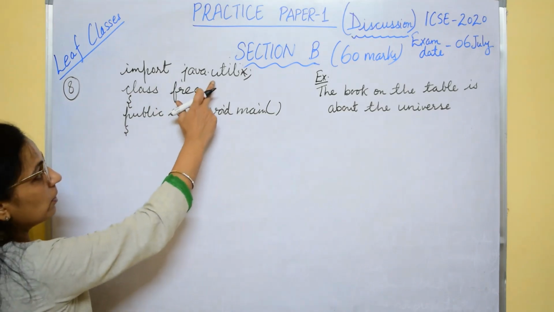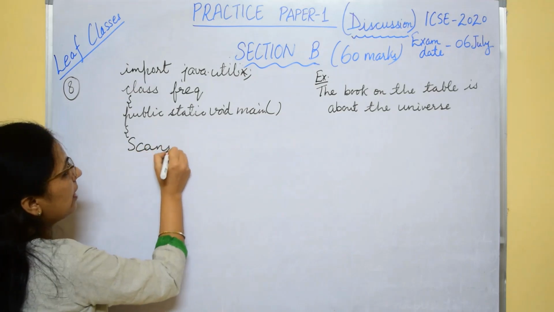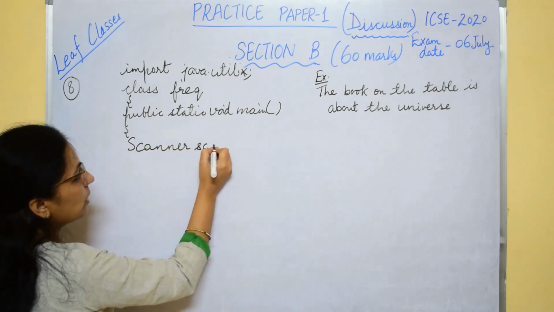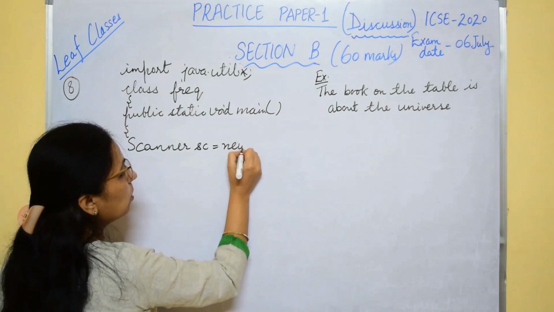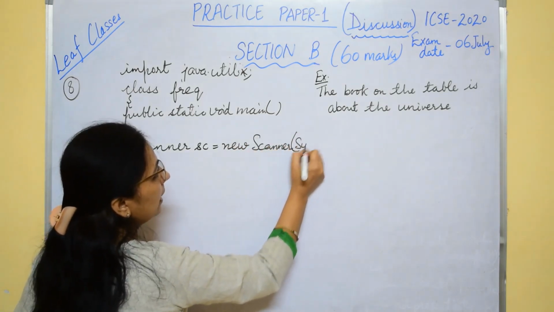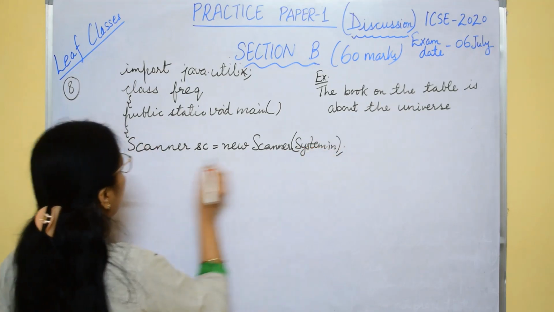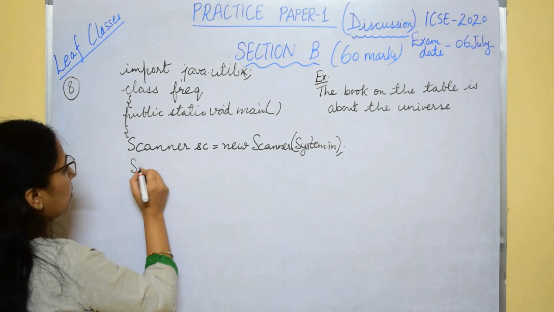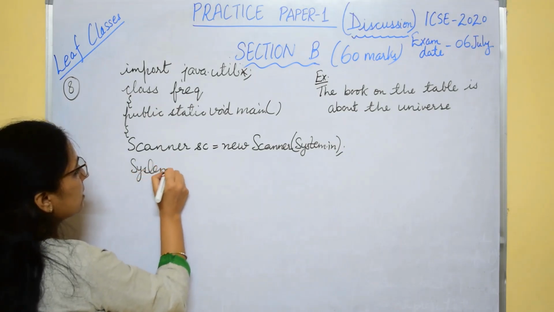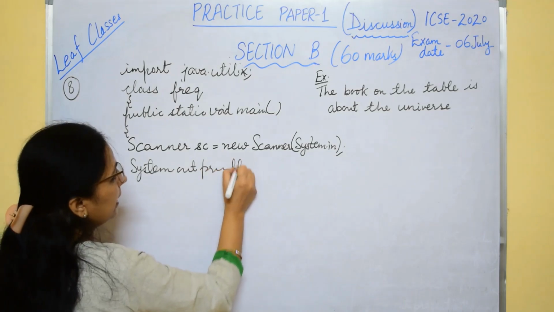We have to input. So, java.util for creation of the scanner object. First, I will create scanner object sc equals to new Scanner System.in. Then you display the message System.out.println.